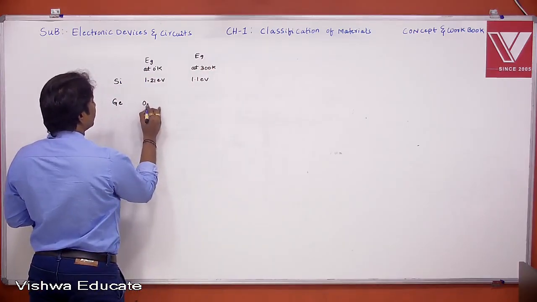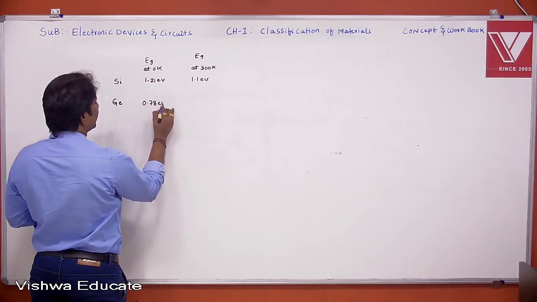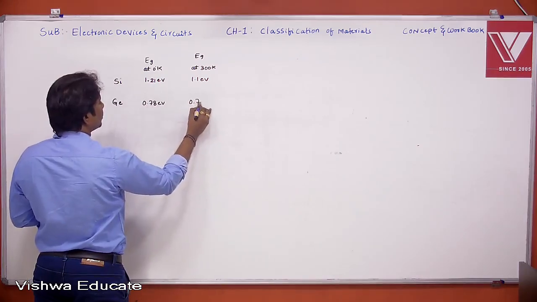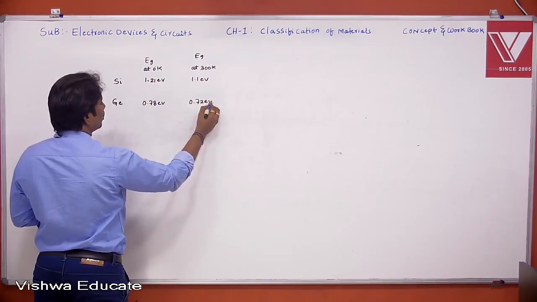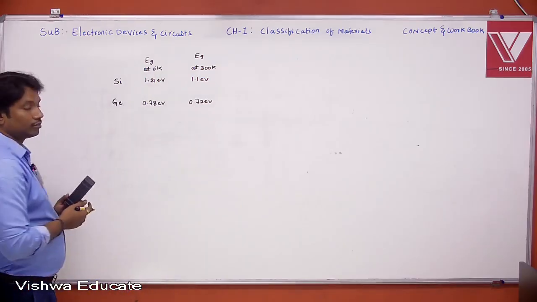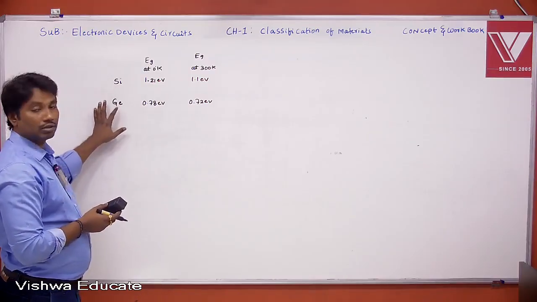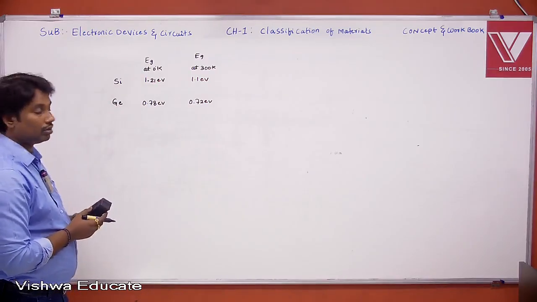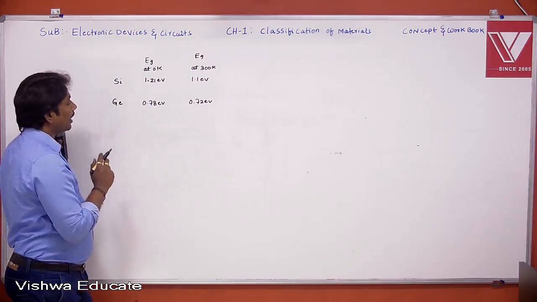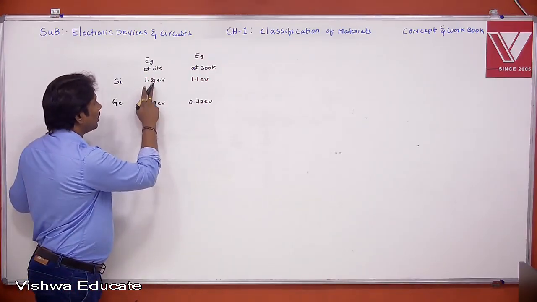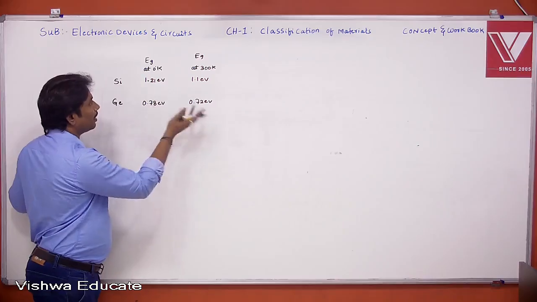For germanium this is 0.78 electron volt, and at 300 degrees Kelvin actually 0.72 electron volt. Very important competitive questions. Here, how to calculate these energy gap values at different temperatures?